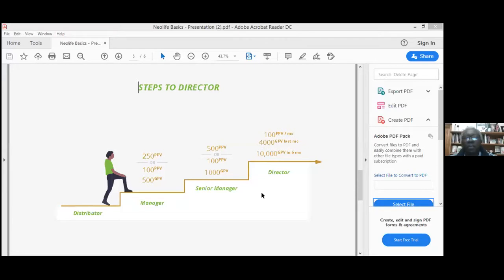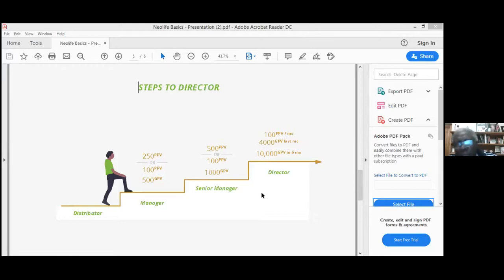But there's another one which is called a fast track to director. When you start the business and you do 250 points personally, anytime after that you accumulate 4,000 points with your group, you become a director. But you always need to have 250 PV in your personal name to be in the fast track to director program. Okay?